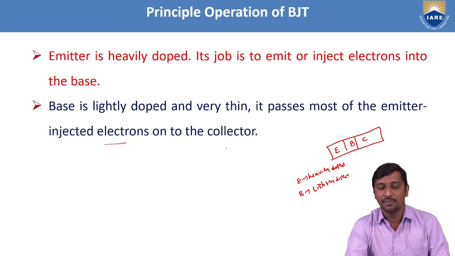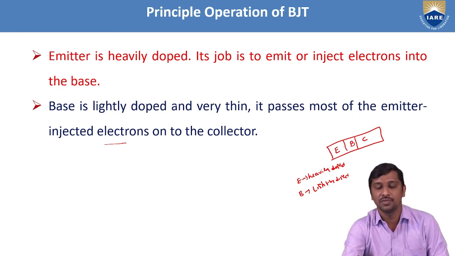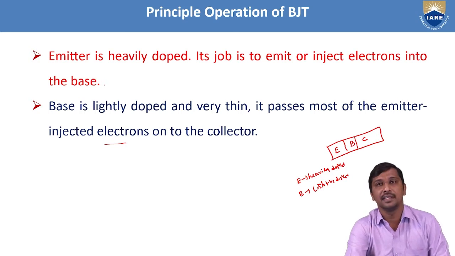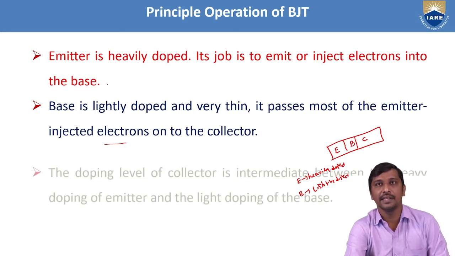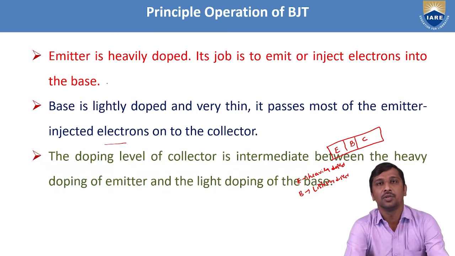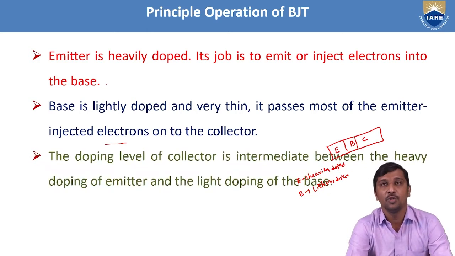So we discussed up to this point. The emitter always emits the charge carriers. All those charge carriers travel towards the collector through the base. That is the reason the collector always collects the charge carriers. But what are the doping levels?